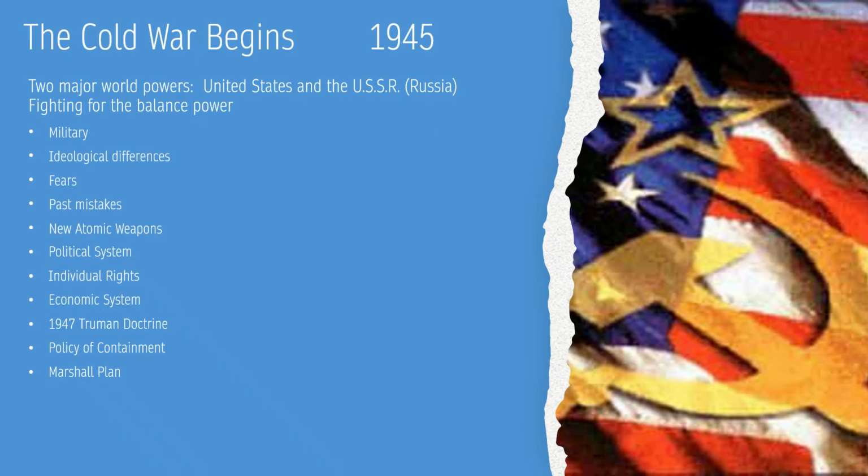Both of these two superpowers are determined to shape the post-war world according to their own political ideology. Okay? Neither side, the US or the USSR, has any clear long-term strategy. They're both just going to react defensively to whatever actions the other one takes, and they're both trying to create this balance of power in their favor.